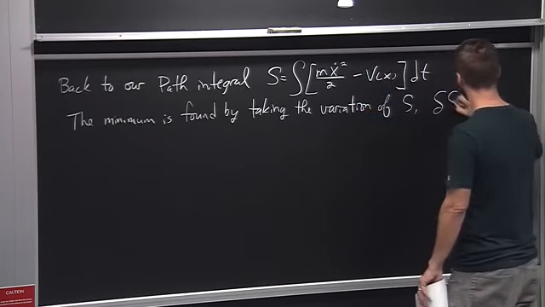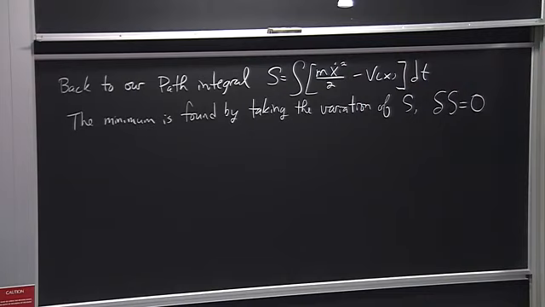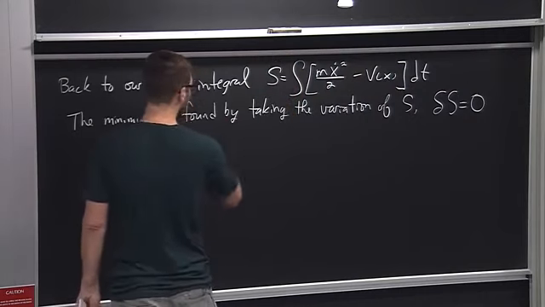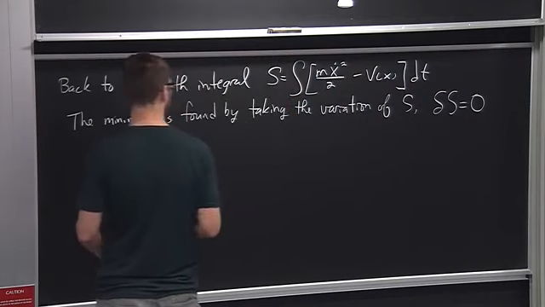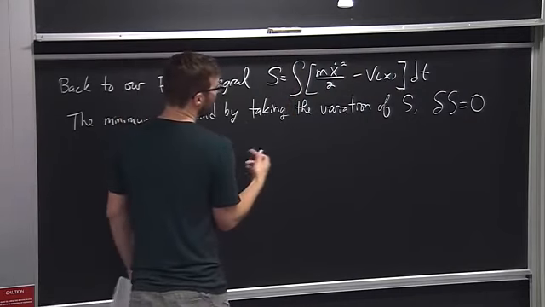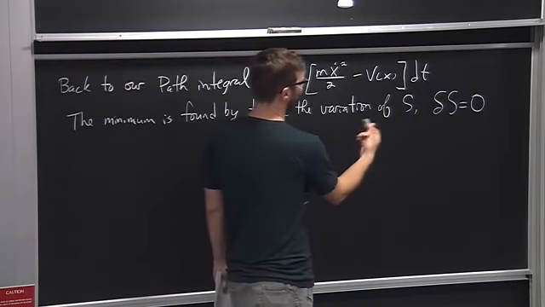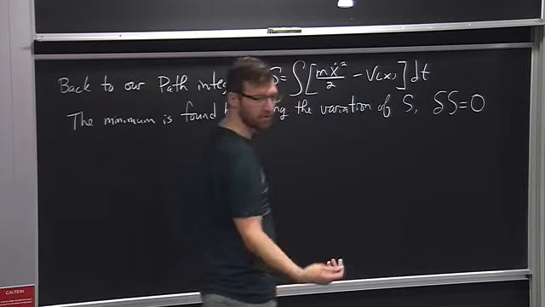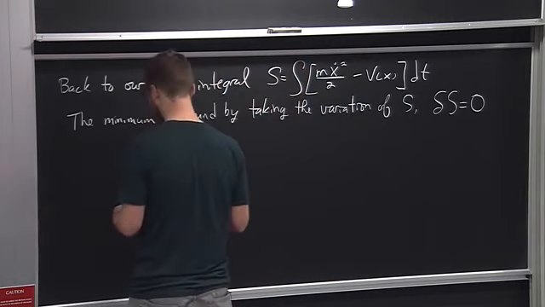Which in this case is basically just an integral. So finding the variation of the action and setting it to 0 is the same as taking the first derivative of the Lagrangian in this case.